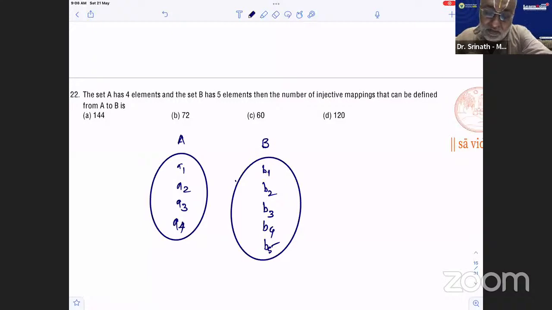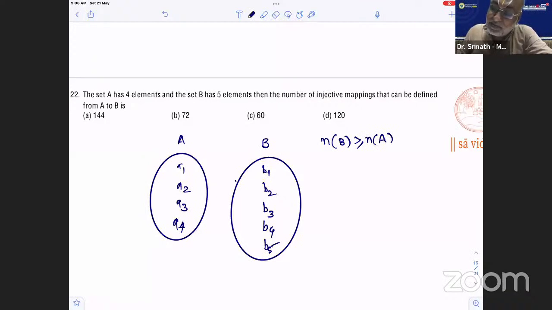See, whenever injective mappings has to be done, the first thing is that n of B must be greater than or equal to n of A. First condition.